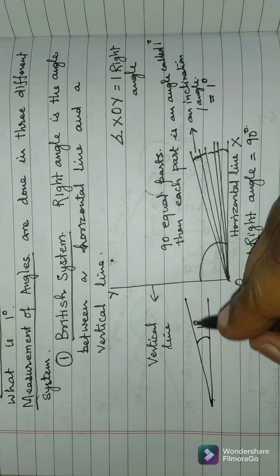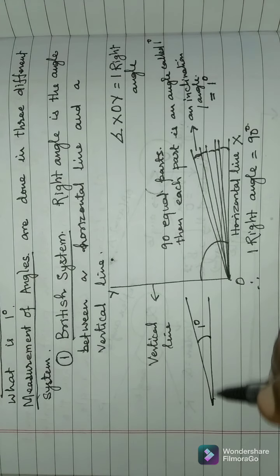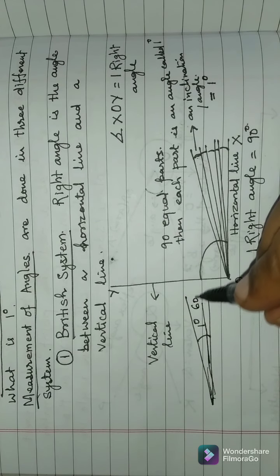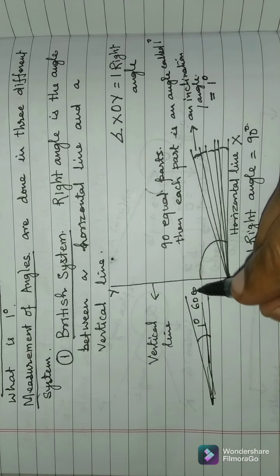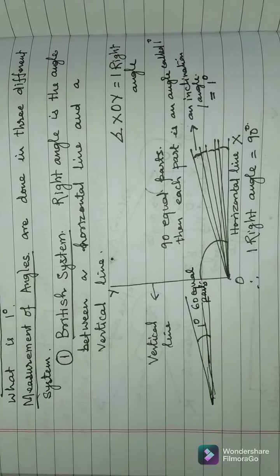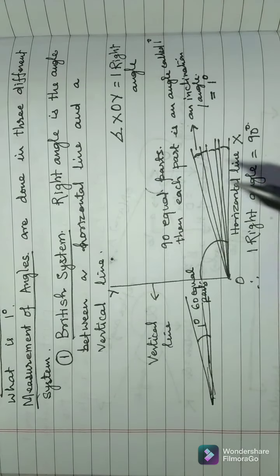And 1 degree is also a small angle. If it is divided further into 60 equal parts, now imagine how much smaller the angle will be.